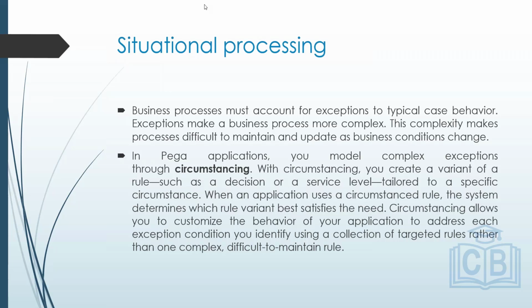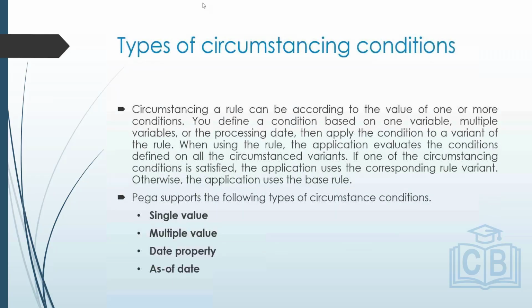When it comes to circumstancing, I have 4 different options in which I can start circumstancing my rules. Based on single value, based on multiple value, based on date, and based on as of date. So here the purpose is, according to the inputs that I give or according to the case specific inputs, the appropriate rule would be picked.